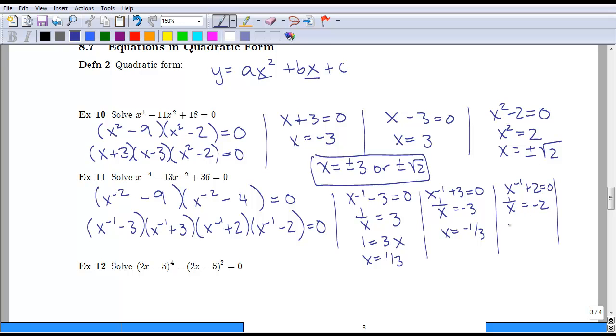Again, if you multiply the x over, you get 1 is equal to negative 2x, and then you divide by the negative 2 to get x is equal to negative 1/2. If you look at x to the negative 1 minus 2 equals 0, you're going to end up with x equals positive 1/2. So all of our answers here come out to be that x is equal to plus or minus 1/3 and plus or minus 1/2.